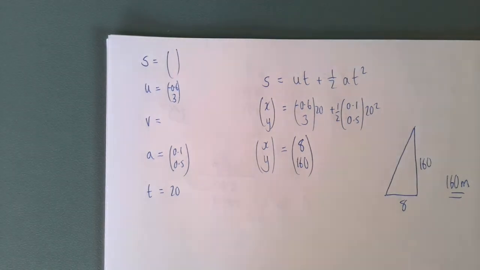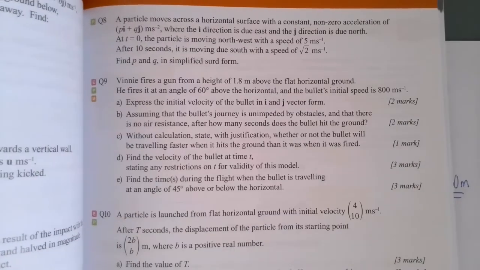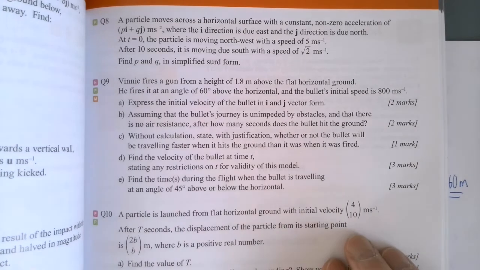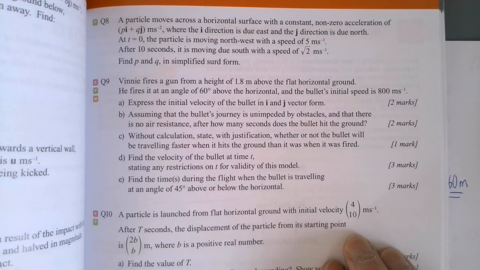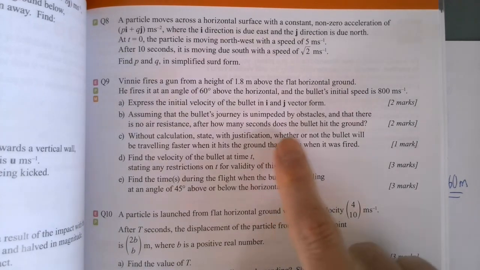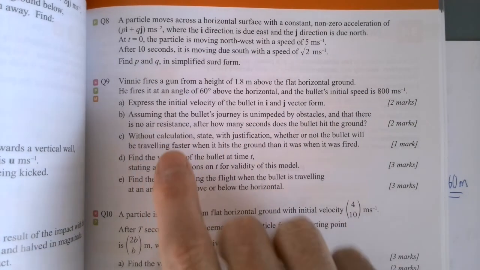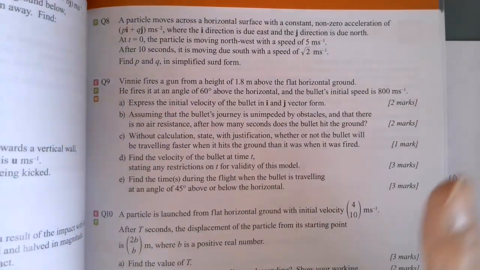So on page 89, question 9 is a pretty sort of complicated projectile question. It actually asks something that we haven't done, and that's going from the speed stated in terms of magnitude and angle into vector form. But hopefully you can work that out.